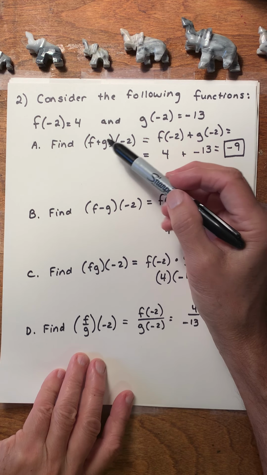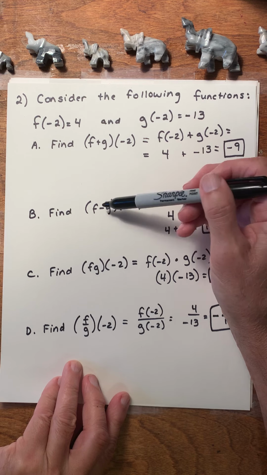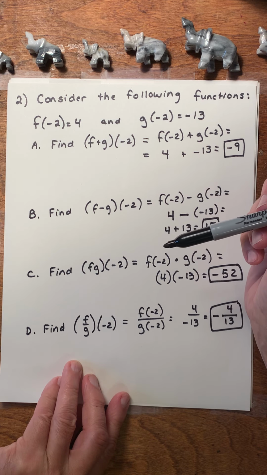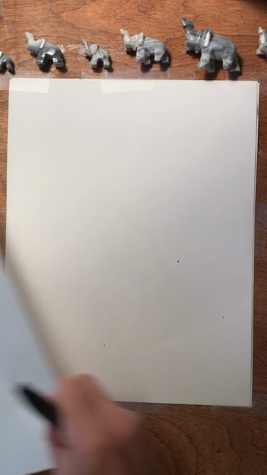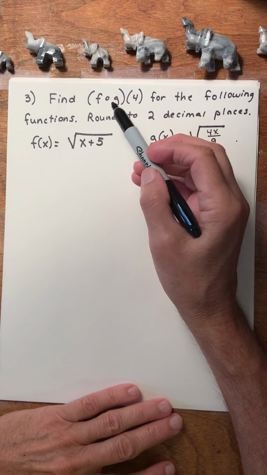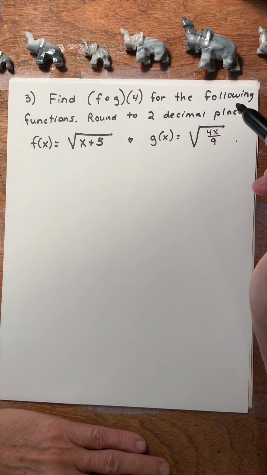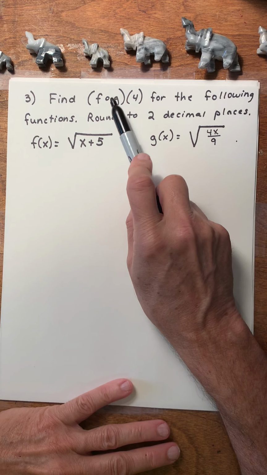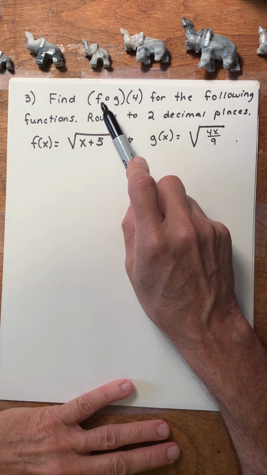Hey, those are the combinations of functions: sum, difference, product, and quotient. Not too difficult. There is, however, a fifth combination of functions, and it is not adding, subtracting, multiplying, or dividing. It's something other. It's called, what's it called?